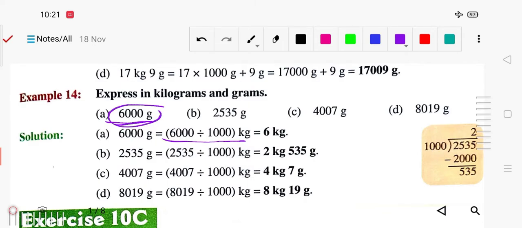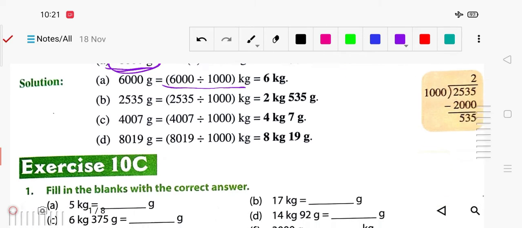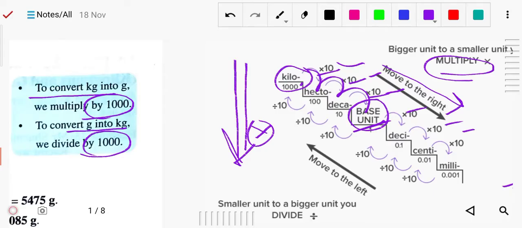This is in gram and we have to convert it into kilogram. So gram to kilogram, how many steps? 1, 2, 3, 3 tens, and we are going from smaller to bigger, so it means we will divide.